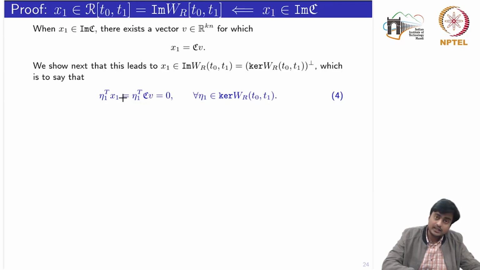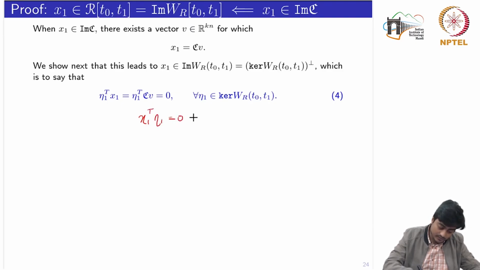In the earlier proof we had x1 transpose into eta 1 equal to 0, if you recall this. If you just take the transpose of this equation, you get eta 1 transpose into x1 equal to 0.